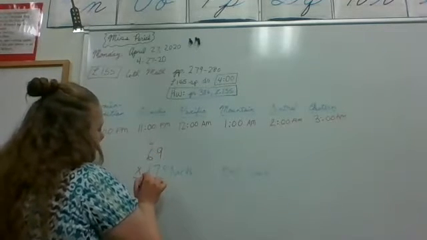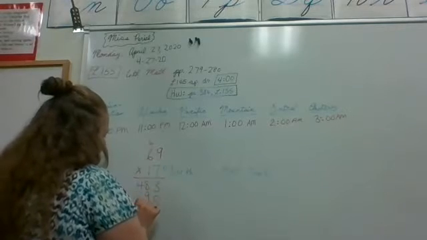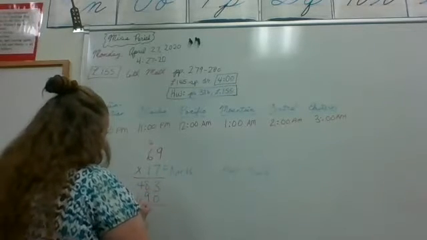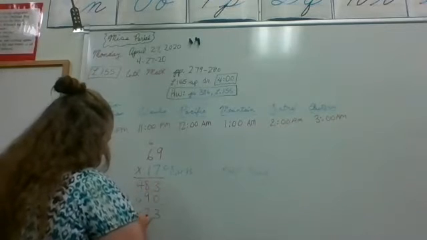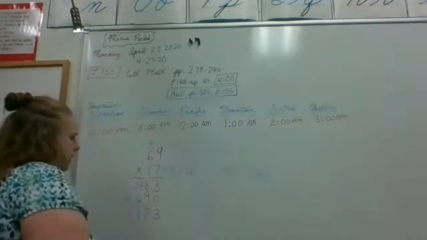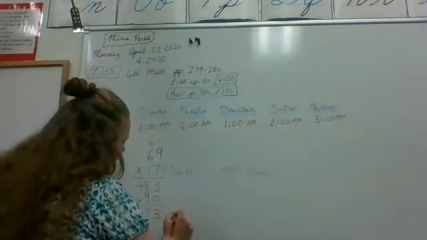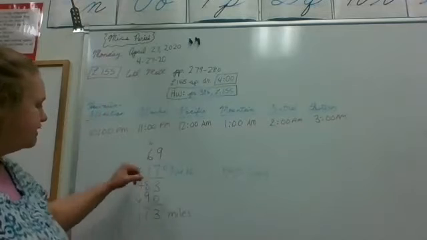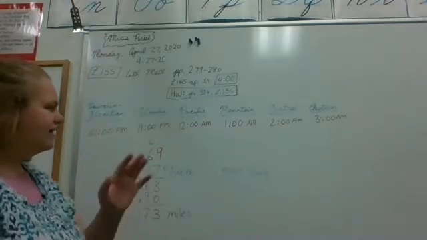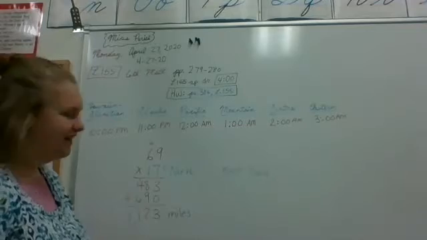Don't forget that we have a second number, so we have to make sure to multiply that one too. Okay, 17 degrees north is 1,173 miles from the equator, okay? So you think 17 degrees and you're thinking, oh, that's not that far, but it's over 1,000 miles. So it is far, okay?